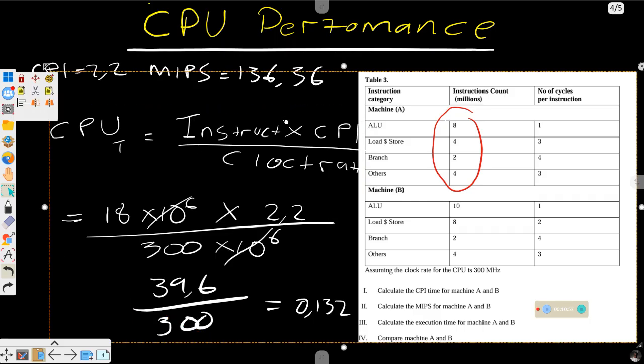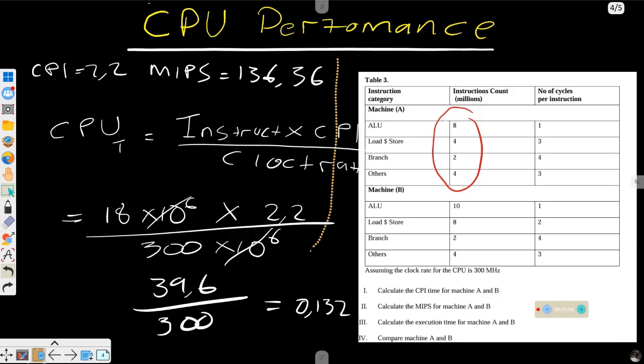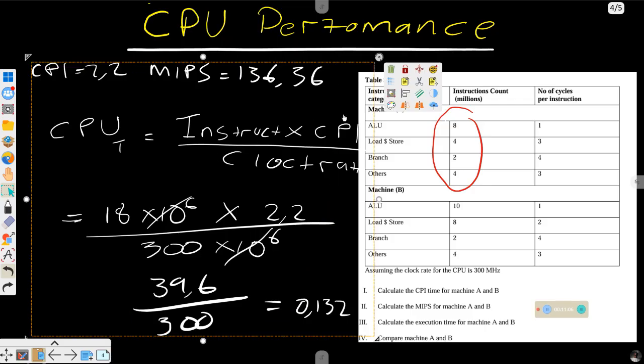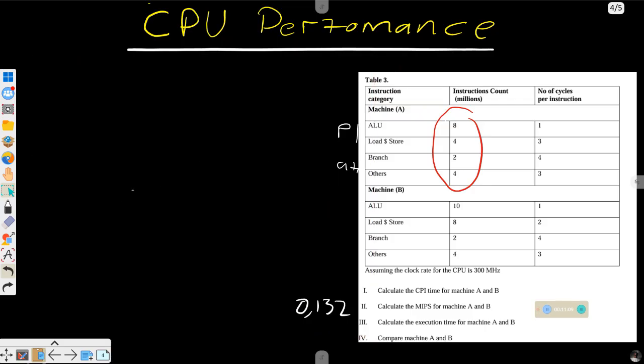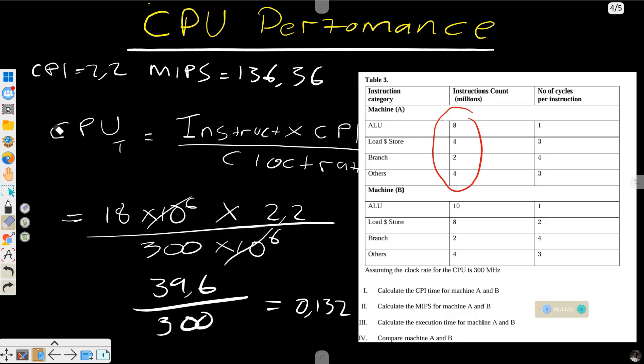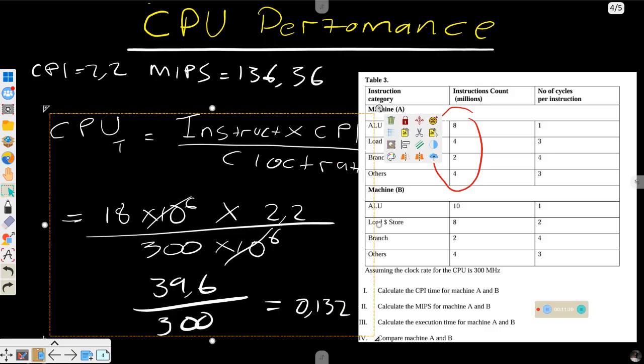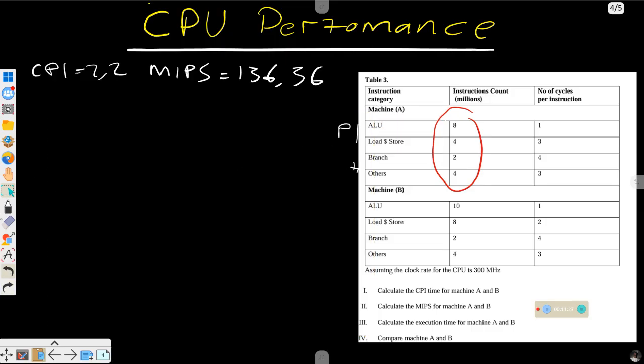Let me take everything. So 0.132. Oh no, I forgot, I erased everything. I did not want to erase everything here. Okay, let's remove that and erase what we don't need here.